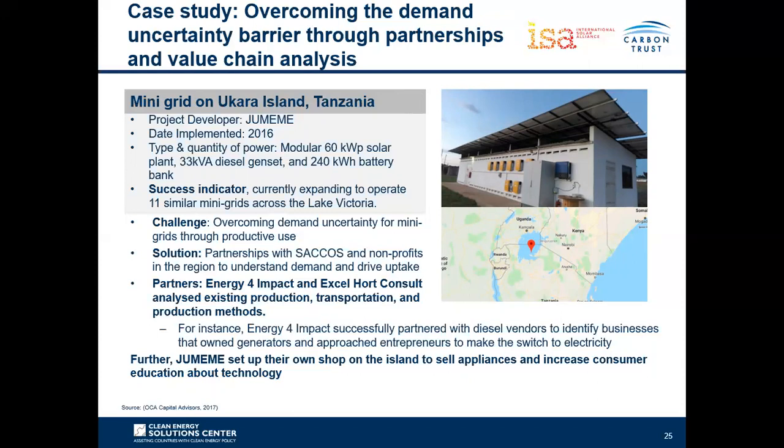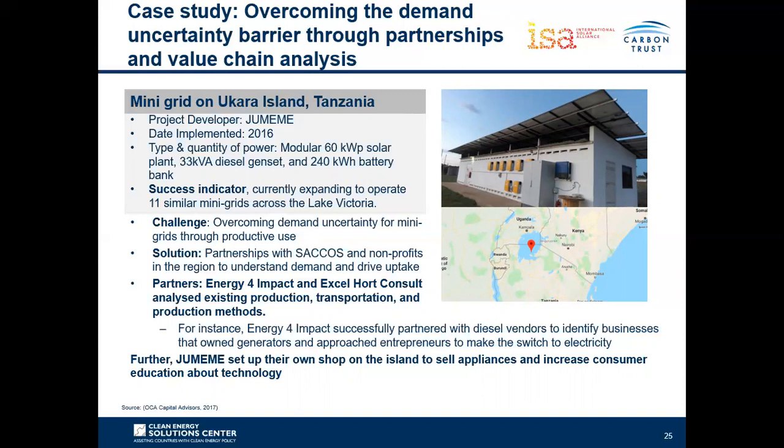Energy for Impact spoke with diesel vendors and businesses that use diesel generators for their current electricity supply and informed them about the mini grid that was being proposed and their willingness to switch over to the mini grid electricity.